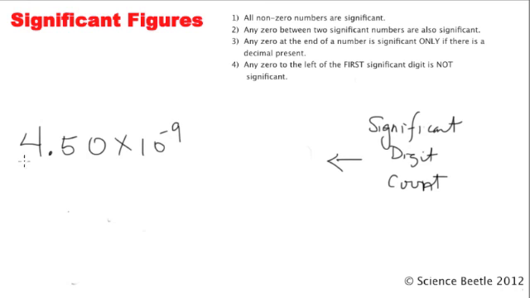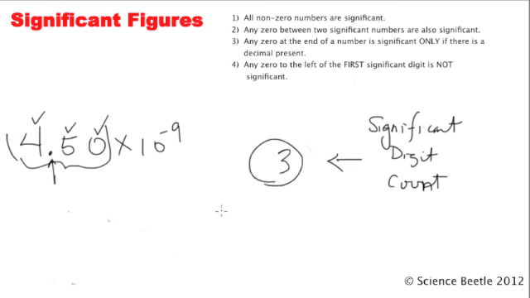The only part that we're interested in is this part right here. 4 is significant because it is a non-zero. 5 is a non-zero, so those two are significant. The 0 is significant simply because there's a decimal point right here. So the total count here is going to be 3 significant figures.